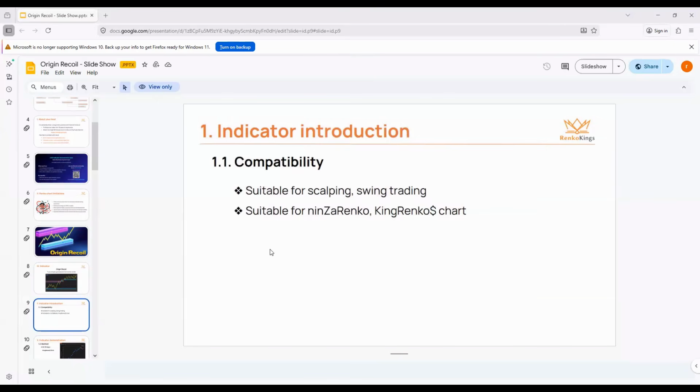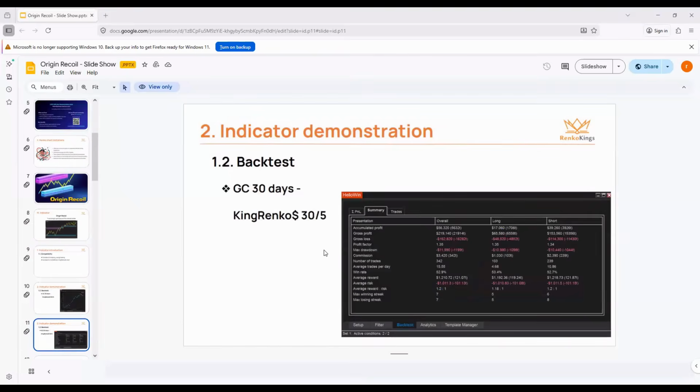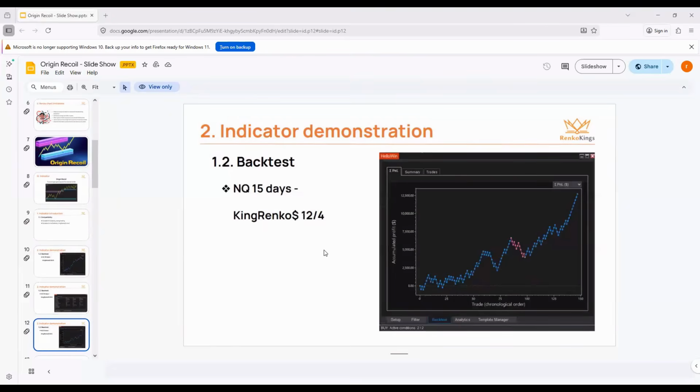So, of course, it's suitable for day trading. Well, I would say it's especially good for scalping, especially if you're going to be using King Renko, ninZaRenko. Those are better for scalps. We have some back testing. I really want to get to the actual charts, but the back testing was done by NinzaCo, not me, done on gold and on a NASDAQ.